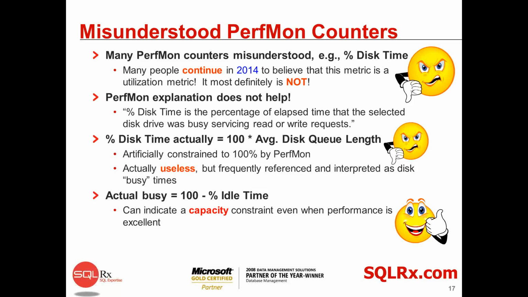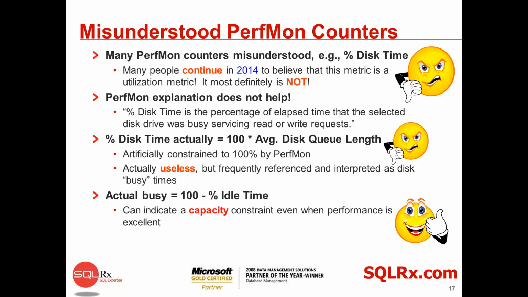In fact, I've seen it even in Resource Monitor on Windows 2008. It shows as active time or something like that, which makes you wonder which one they're using. Again, actual busy is 100 minus percent idle. And again, once you get to 100, you can't push anything more through the LUN.